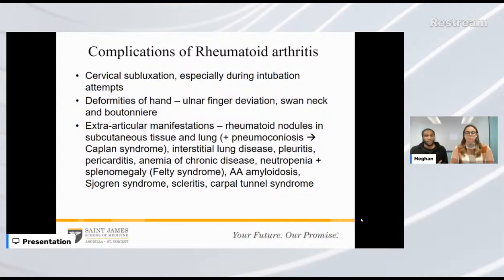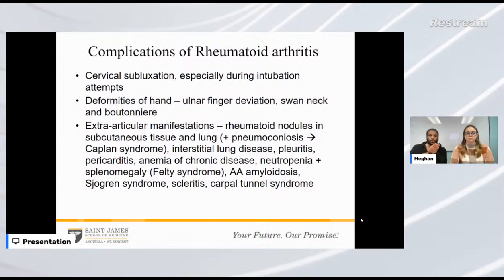Classically, especially as far as questions go, we see this in people with rheumatoid arthritis who get into a car accident or some sort of trauma, or even undergo surgery, and they get intubated, and then they wake up paralyzed and with respiratory issues and things like that, because it's the same as kind of severing your spinal cord at the neck. Everything below is going to stop working. Some other things we can see in the hand, ulnar deviation of the hand.